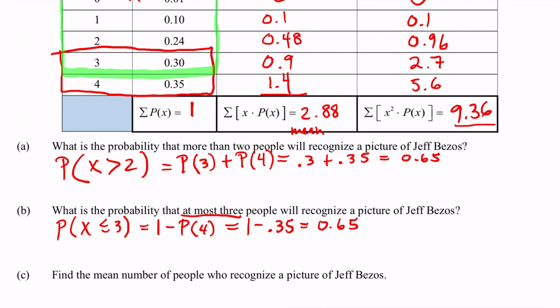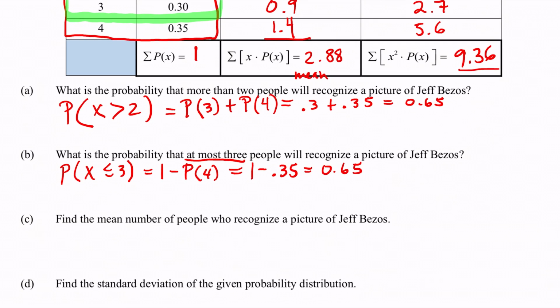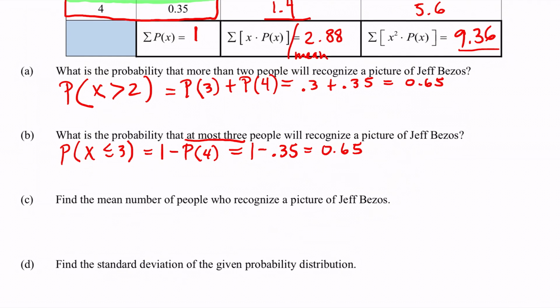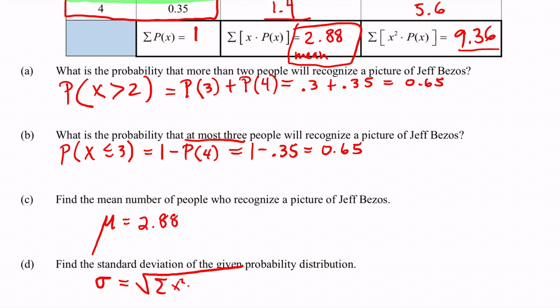In part C, find the mean number of people who recognize a picture of Jeff Bezos. Actually, we've already computed that above. We figured that out right here. So our mean would be 2.88. And the standard deviation, which if you remember was sigma equals the square root of the sum of x squared times p of x minus mu squared.